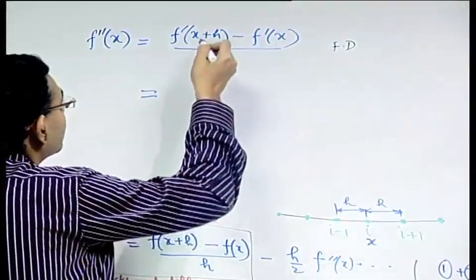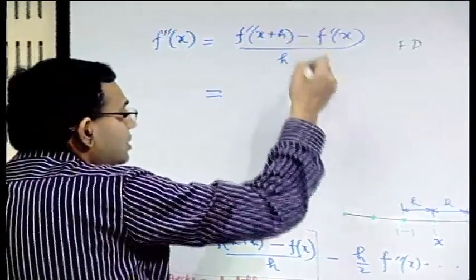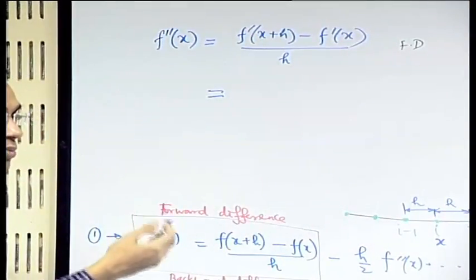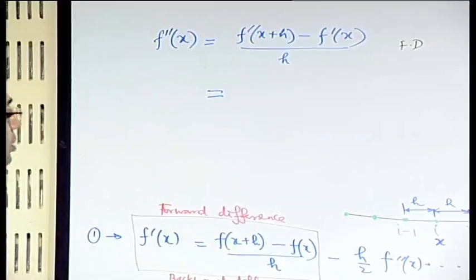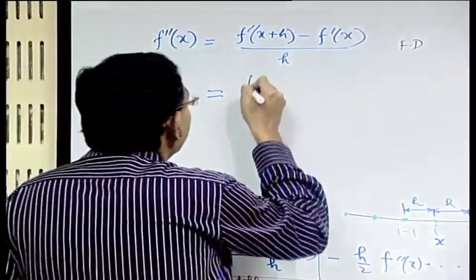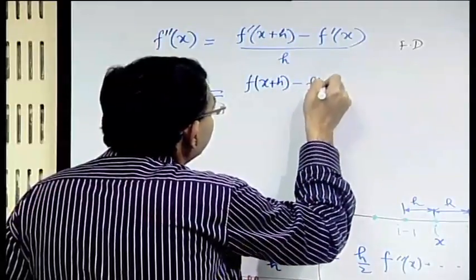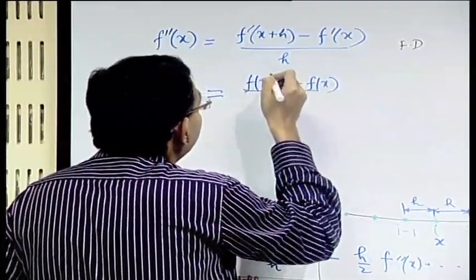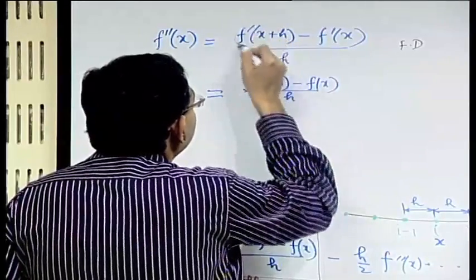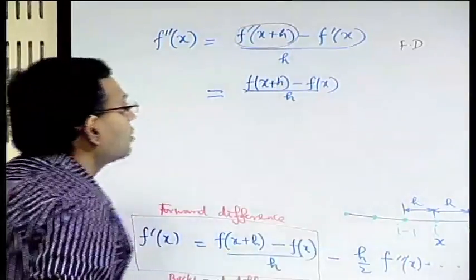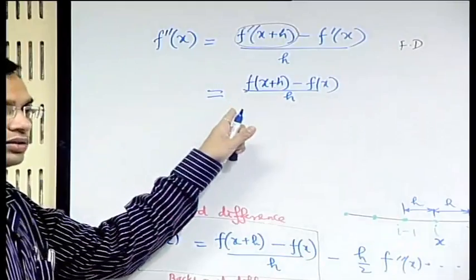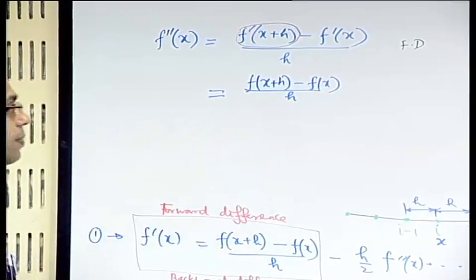Now you can write individual f dash terms in terms of f by considering the first order difference formula. So you can write this as f x plus h minus f x divided by h for f dash x plus h. So which formula is this one? Backward difference.